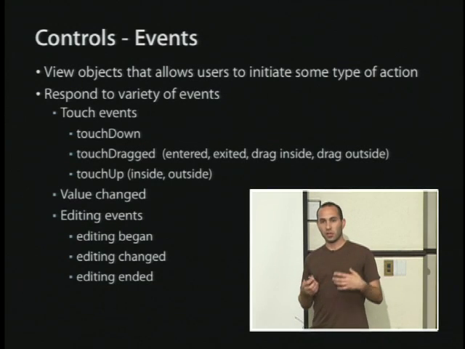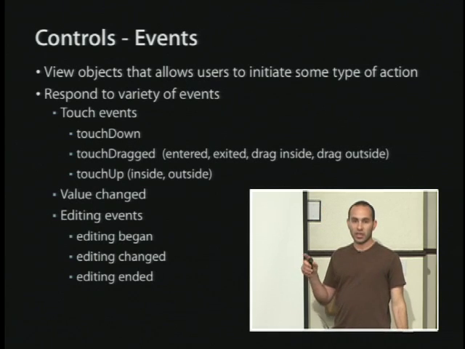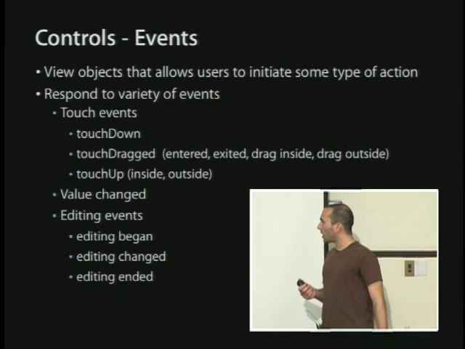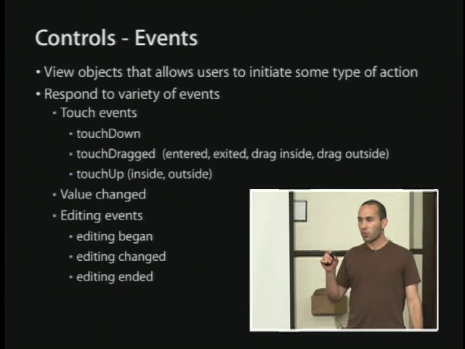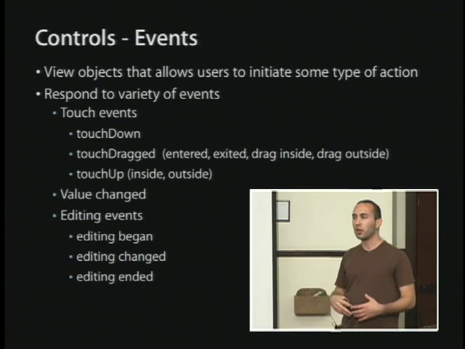So these are controls that have a settable value. You can add an action that gets called when that value gets changed. And there's also editing events, which may be more interesting for things like table views. You can find out when the user told the table view to start editing or end editing.